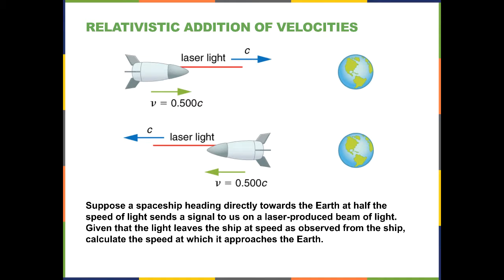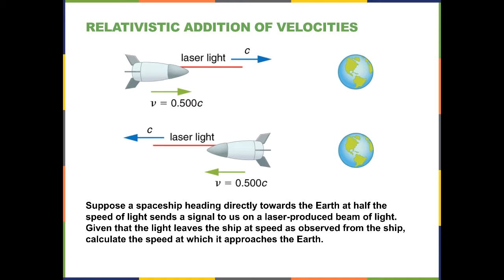So we have an example here. First example is that we have a rocket traveling at a speed of 0.5 c that fires out a laser light, and since it's light, it fires at a velocity of c. And the question is, on Earth, what would be the velocity of this light as seen on the Earth?